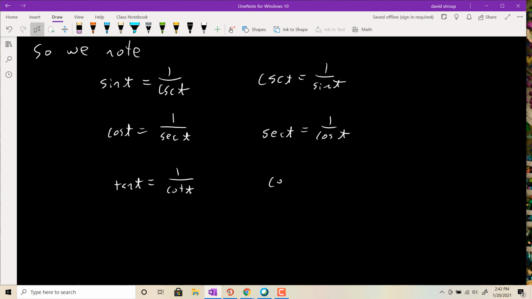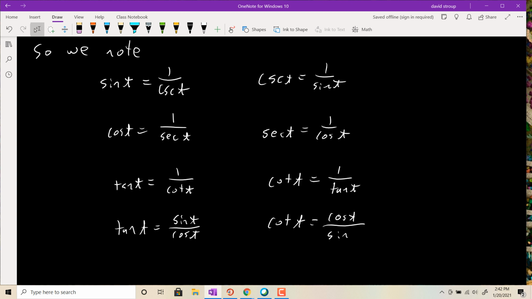And then, of course, cotan t is equal to 1 all over tan t. And also, by the way, tan t is equal to sine of t over cosine t. And then cotan t is also equal to cosine t over sine t. Okay, so you have to have memorized. Absolutely, positively, must memorize. So much to remember.